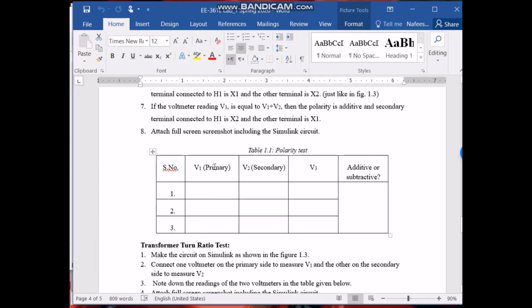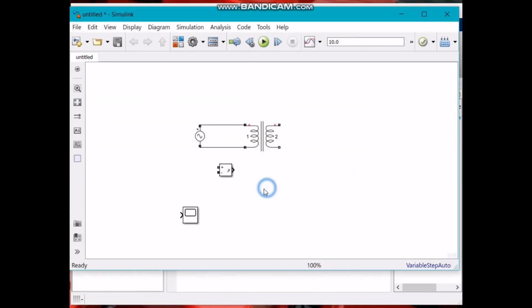No, V1, V2 and V3. So let's make some copies. Copy, Control C and Control V. Okay, let's place it here.